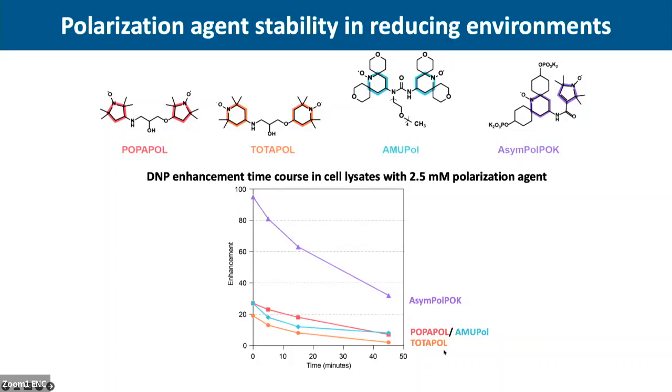So this tells us that really this 5-membered ring on asympole is very important, and it can be very helpful in reducing the dependence on reducing conditions. And it is currently probably the best polarization agent to use for in-cell DNP.